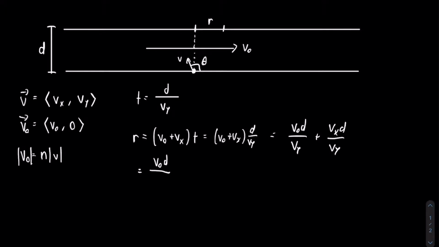So we could rewrite it v naught d divided by, and vy is going to be equal to v times sine of theta. And then we can add that to vx, which is going to be equal to v times cosine of theta. Then d is left the same, and then vy again is v sine of theta.